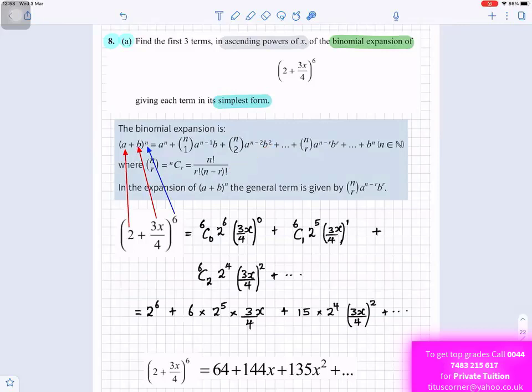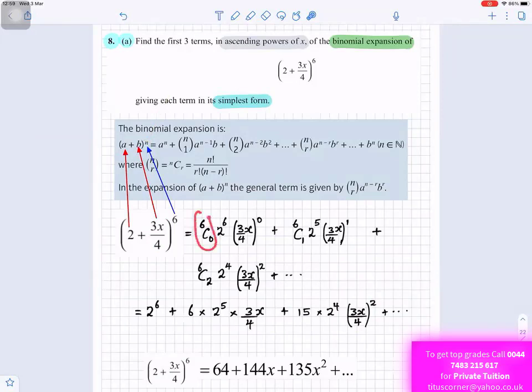So 2 plus 3x over 4 to the power 6. So the 2 represents the a. Very important, you watch this carefully. The a is the 2, and your b is 3x over 4, and your n is 6. Once you know what a, b, and n are, you use the formula.